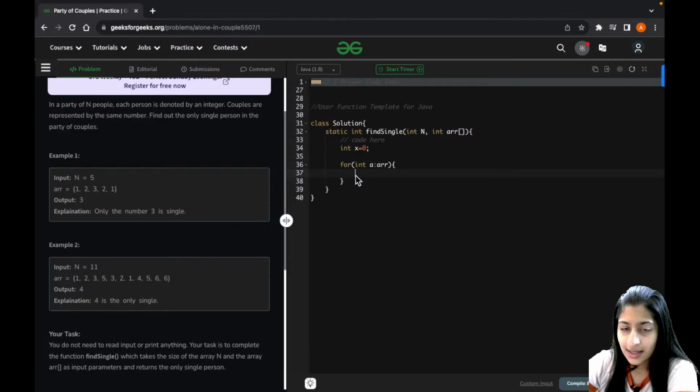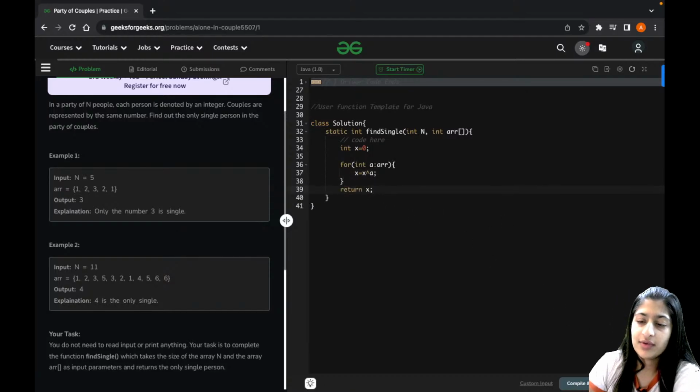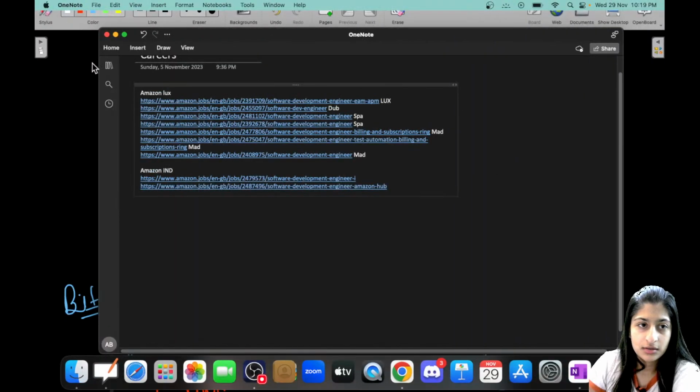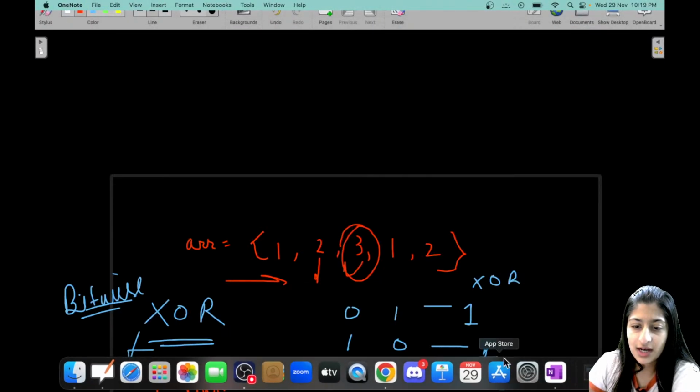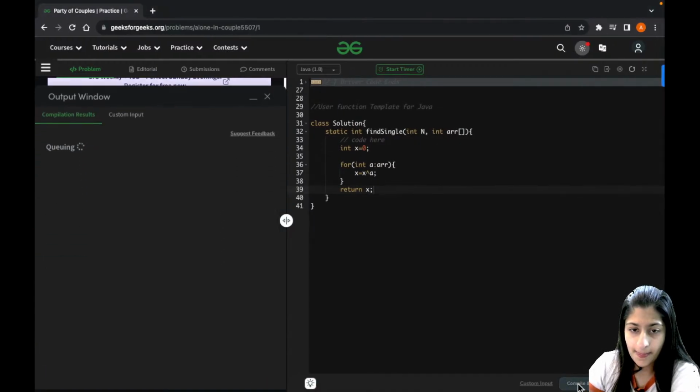Then each time you are updating your x with x XOR a, right? That's what you are doing. And then finally you return x. So x finally will have that value which is present in your array. Okay, so return x.